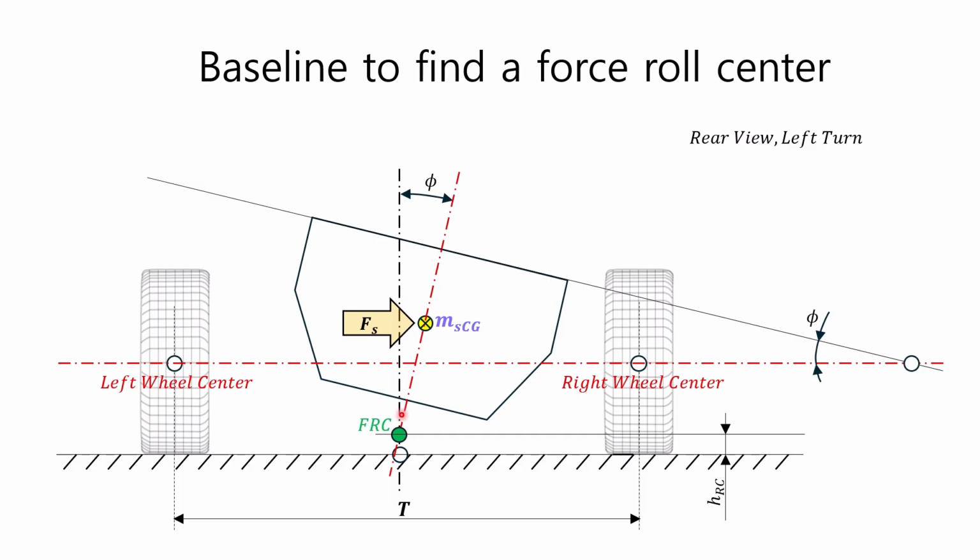When a large lateral acceleration is applied to the vehicle and the lateral acceleration increases to a larger size, the force roll center moves. The new height of the force roll center that has moved at this time is called the incremental roll center and will be explained in detail later. In general, the change in the force roll center must be considered for large lateral accelerations exceeding 0.3 g.